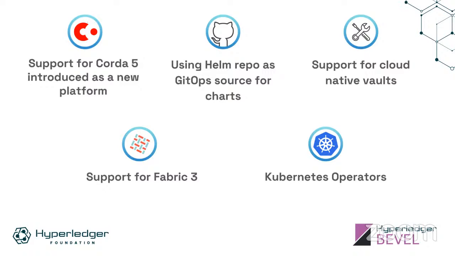The other thing we are currently working on is support for cloud native vaults, and I was talking about AWS Secret Manager, which is being worked on. With the new code design, it easily allows you to add this support.